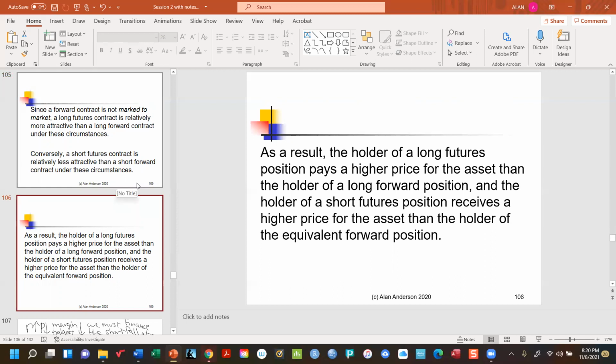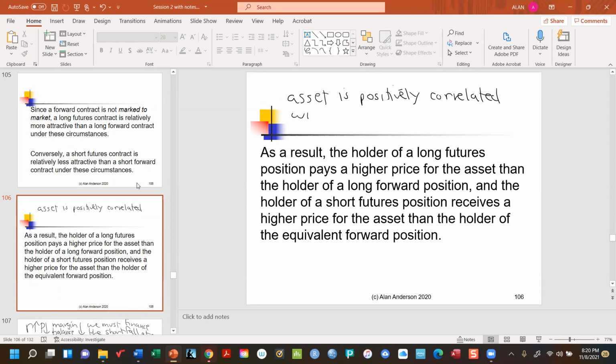So again, if the asset is positively correlated with interest rates, that means we're better off whether rates go up or down. And so with a futures contract, the futures price would therefore exceed the forward price.